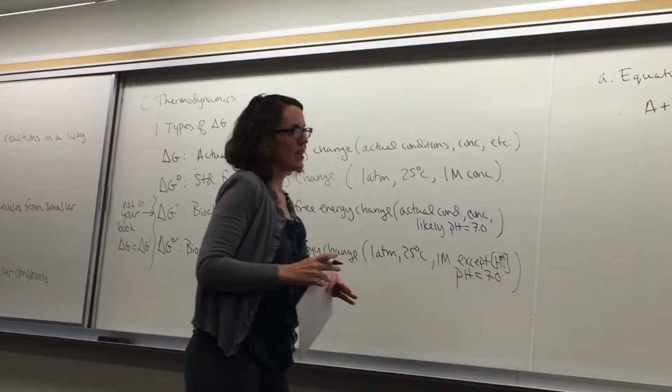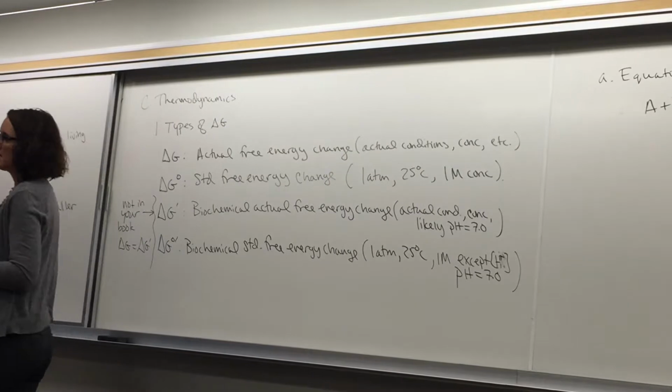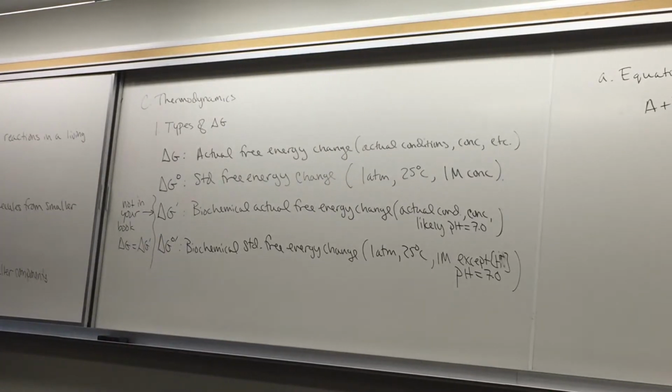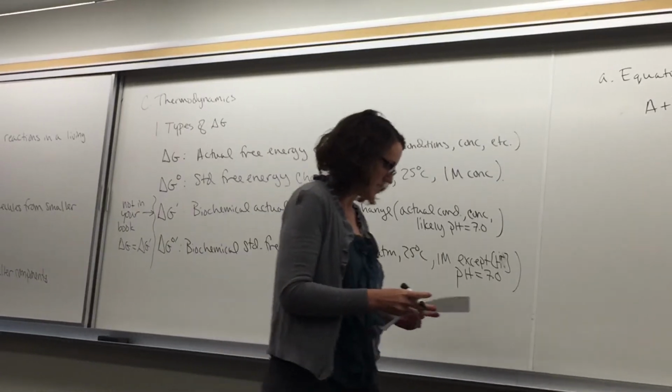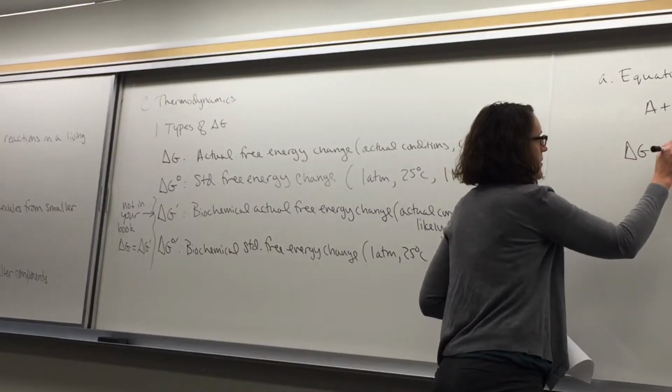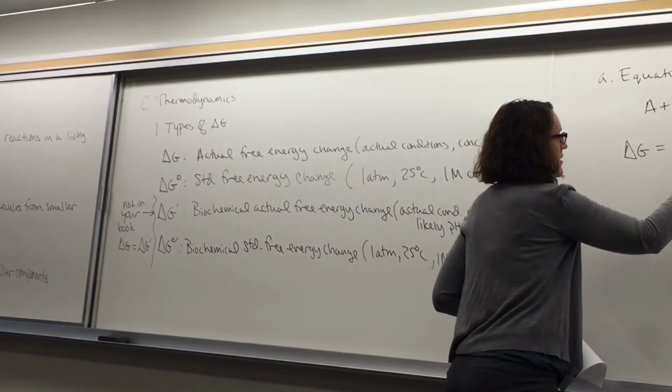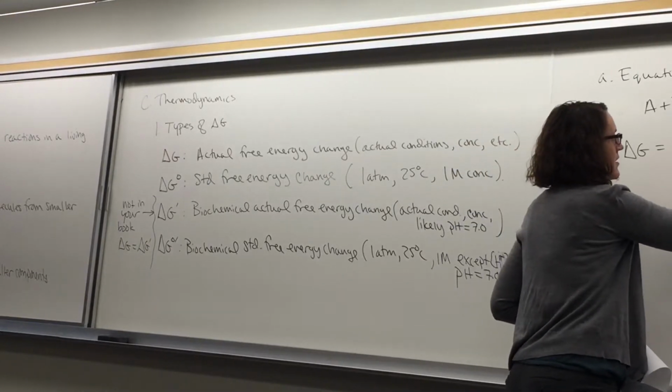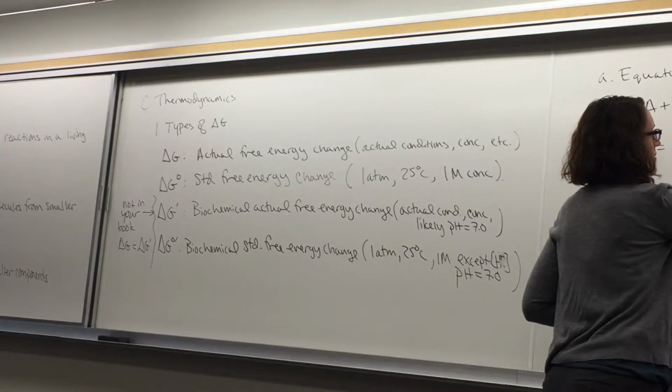So if we were looking at an equilibrium, A plus B gives us C plus D, we can start to incorporate some of these delta G values into this and help us solve for what we want to know.